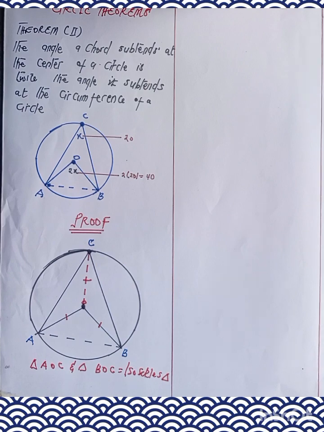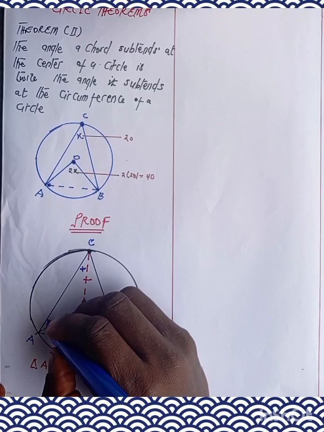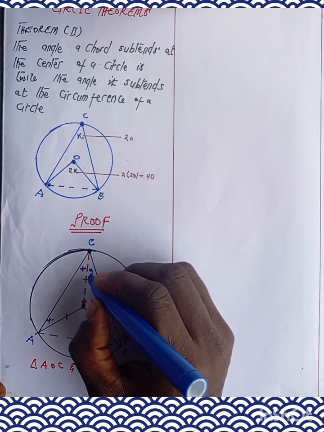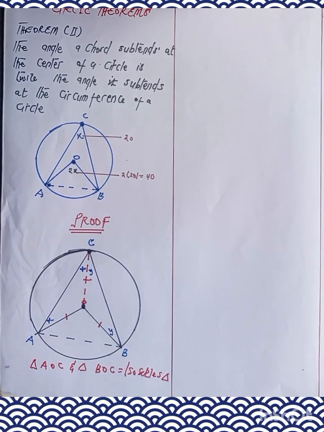If that is the case, then you can say that this angle is equal to this angle, and this angle, let's call this angle y, is also equal to this base angle here.